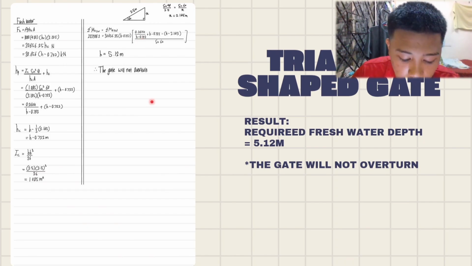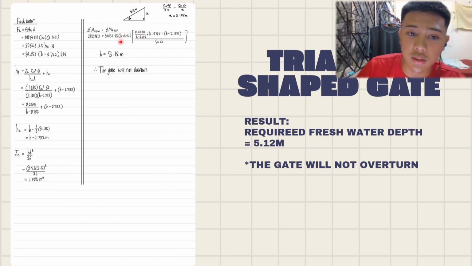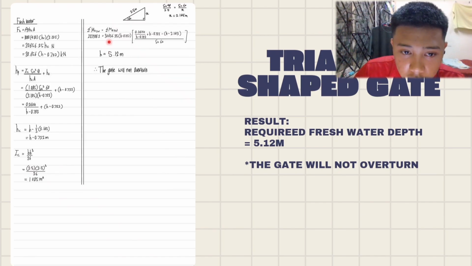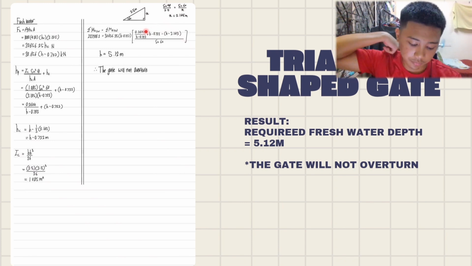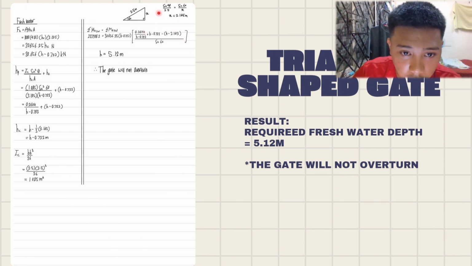Next, moment balance. Since the question said that the net moment is 0, we can conclude that the moment on the seawater side is equal to the summation of moment at the freshwater side. So we get this equation. Same as here, we need to find x, the location, the head, like before. So we just do the same here.